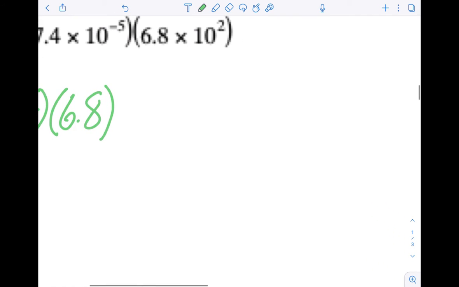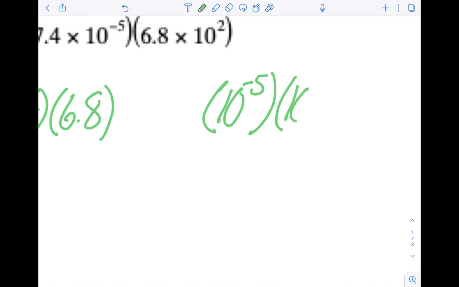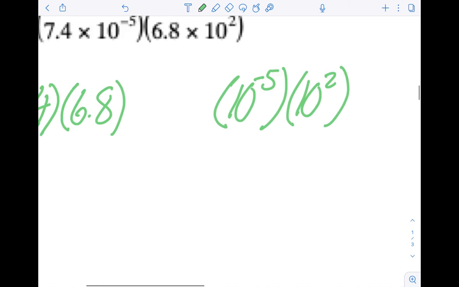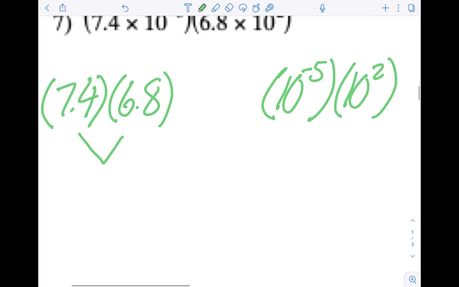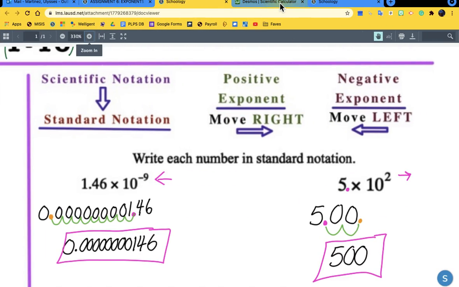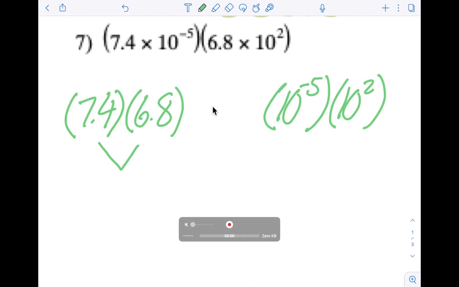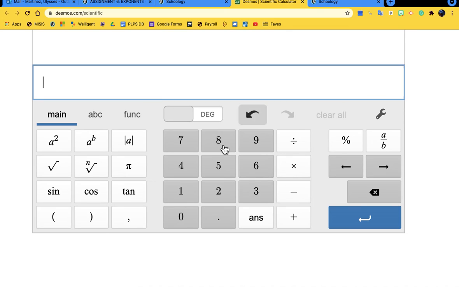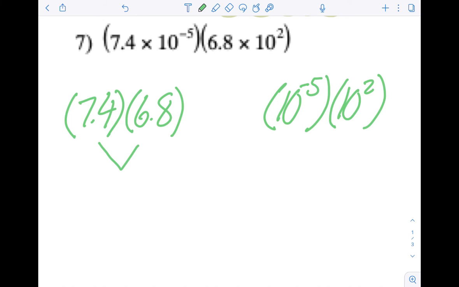So here on the side, I'm going to do 10 to the negative 5 times 10 squared. Instead of multiplying out, I'm going to use my tool right here. 7.4 times 6.8 is 50.32.